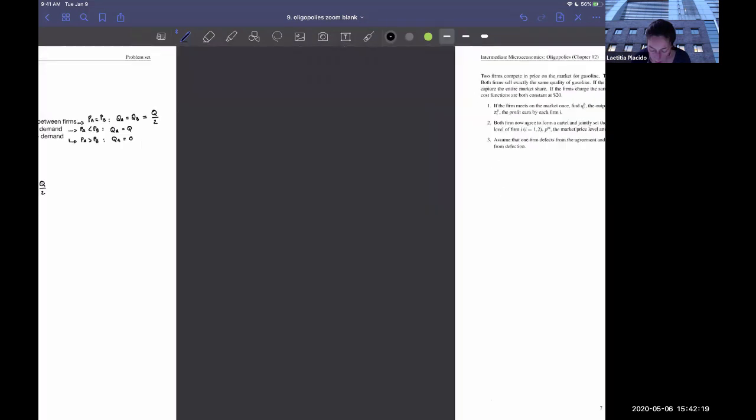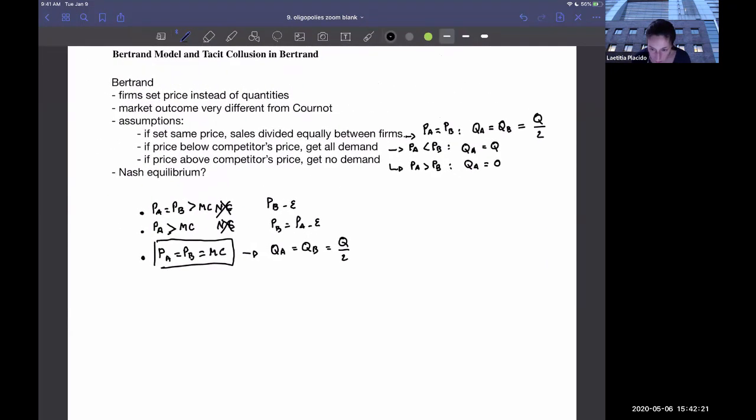Yeah, so here I didn't put this assumption, you're right, Anisha, but let's add it here. I would say firms meet once in the market. So you would get the same result in a finite horizon.